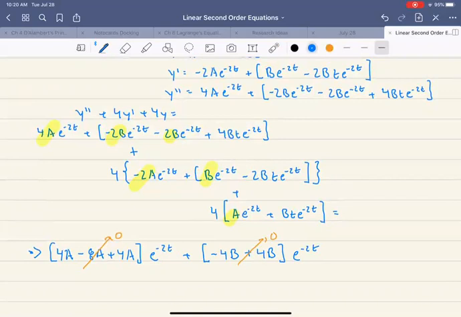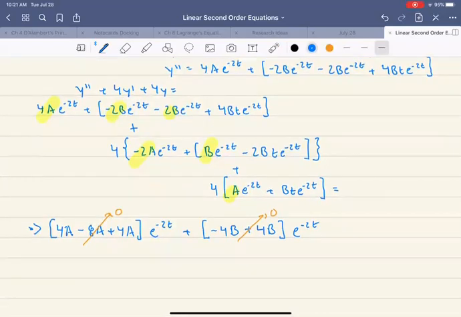Now, finally, the bt terms. So we're going to have plus 4bt minus 2bt. Oh, nope, not minus 2. Whoopsie daisy.